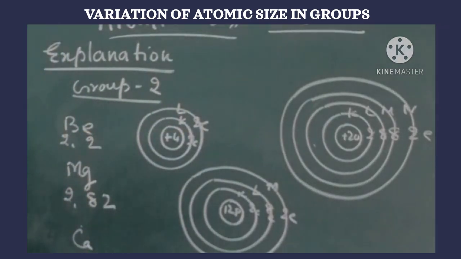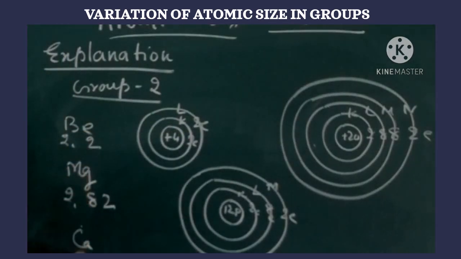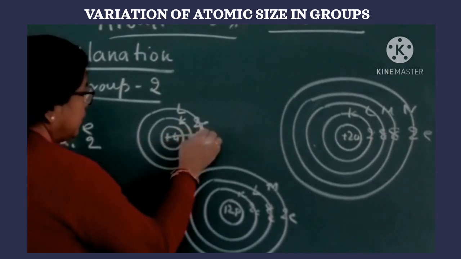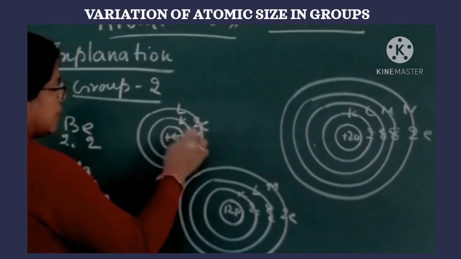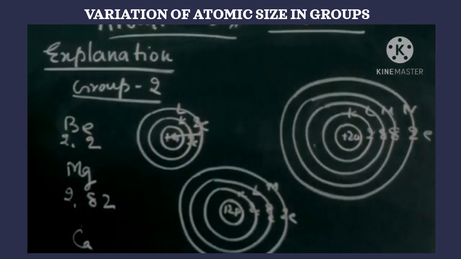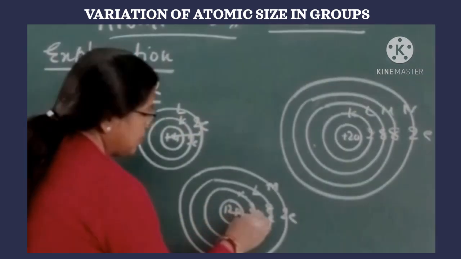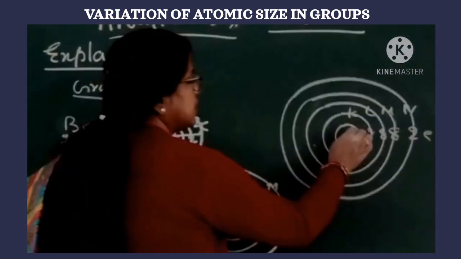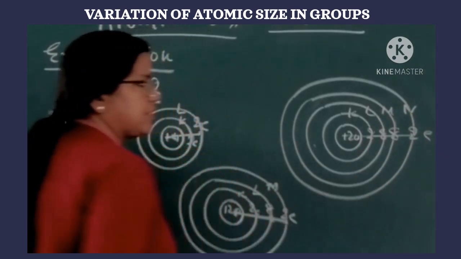Now you can see, as we move from beryllium to calcium, the distance between the center of the nucleus and the valence shell is small in beryllium, that means the radius is less. Here the distance is more than this, because one more extra shell is added.